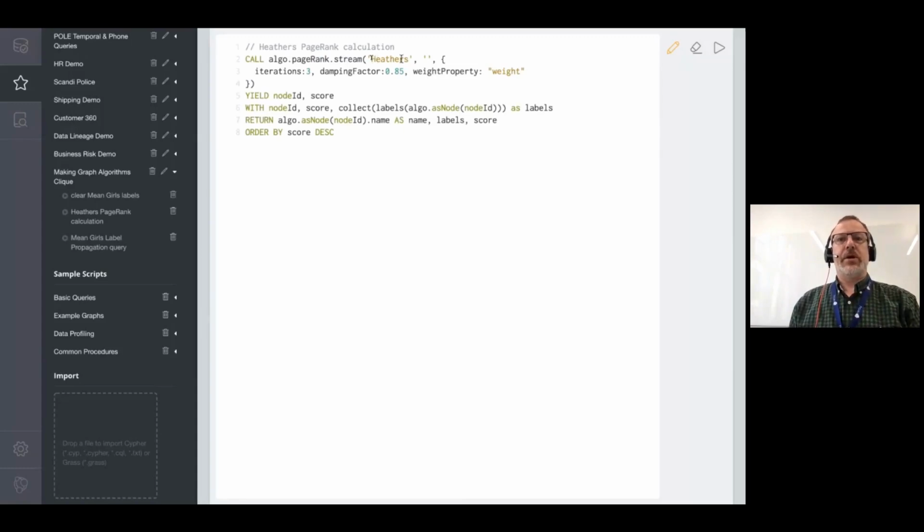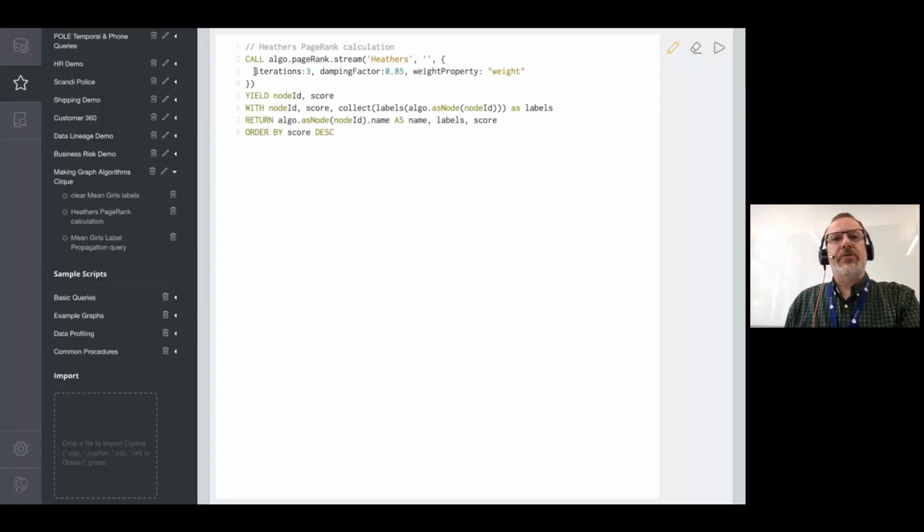We're just doing it on Heathers nodes. Both of my demo data sets, from Mean Girls and Heathers, live in the same physical database, so all of our nodes have more than one label. Here we're just looking at Heathers nodes, and then they would have an additional label like Heathers or Dweeb or what have you.